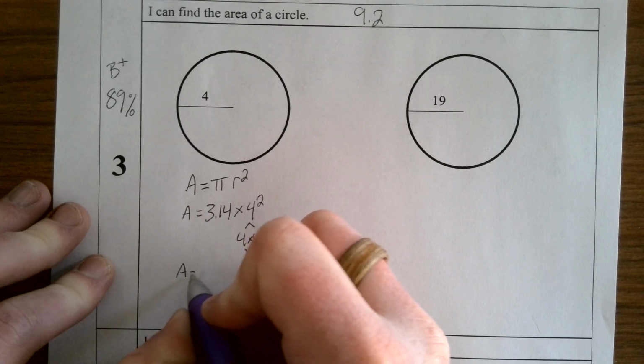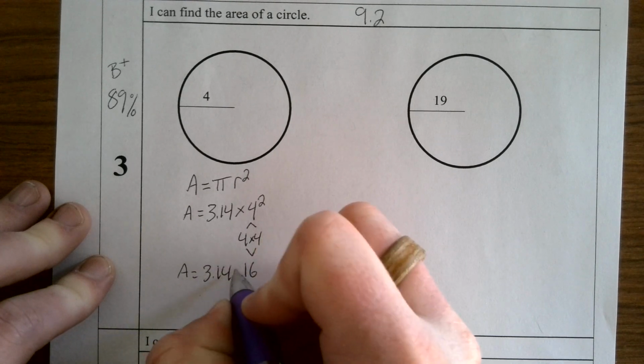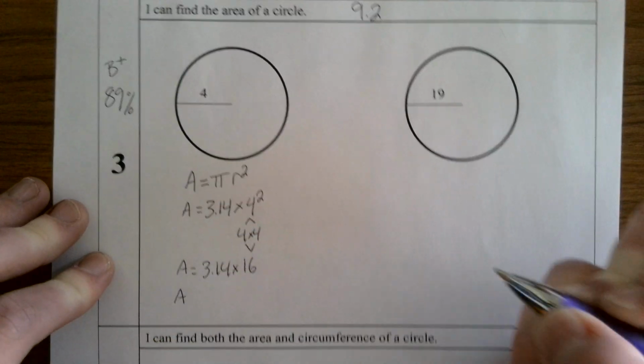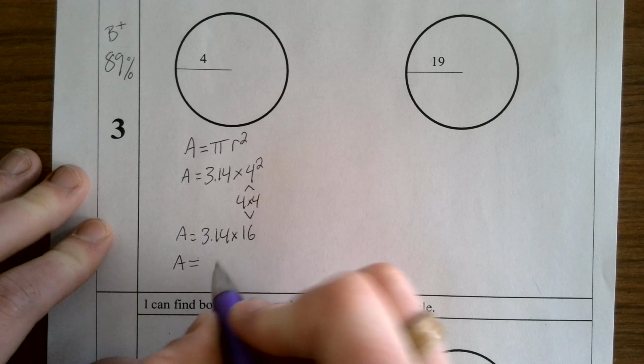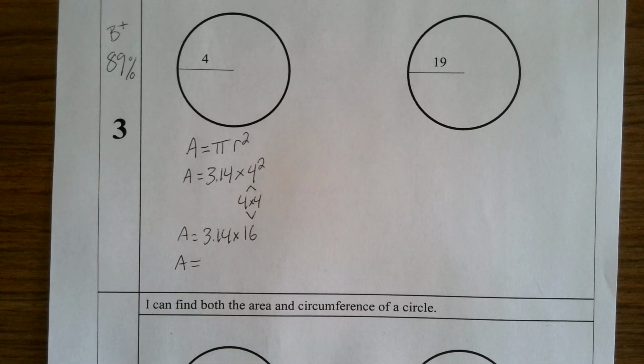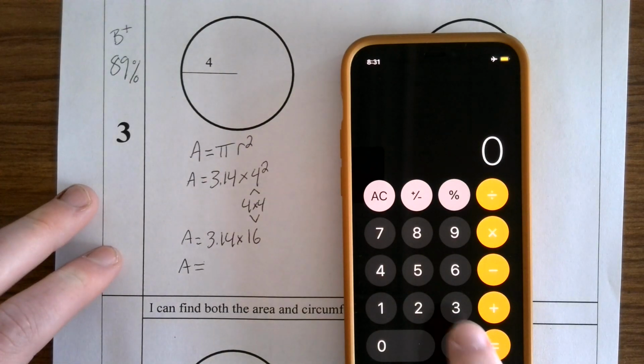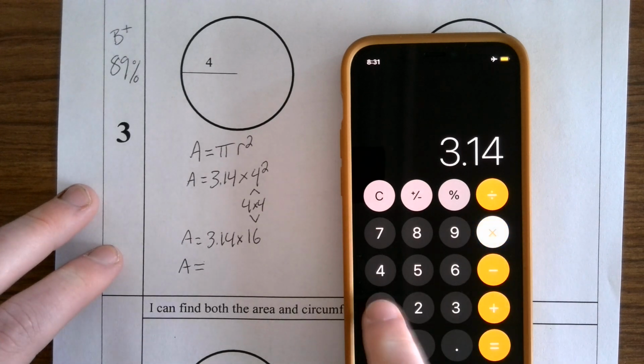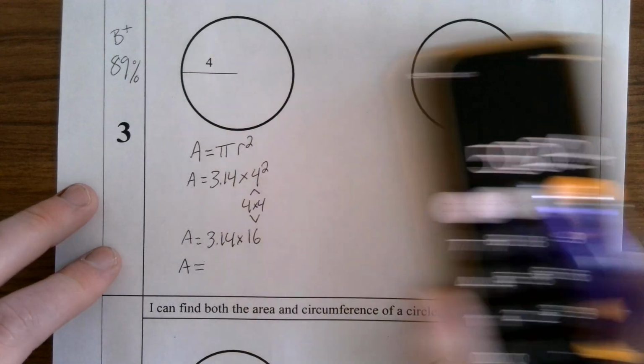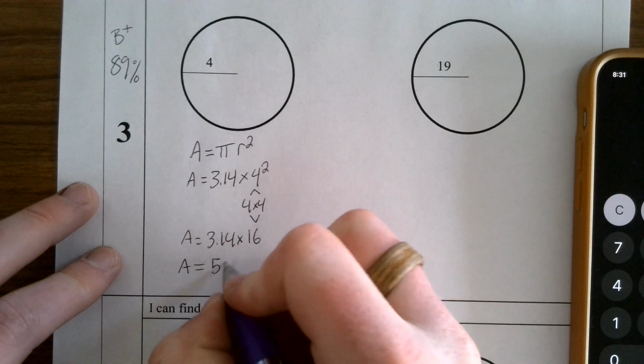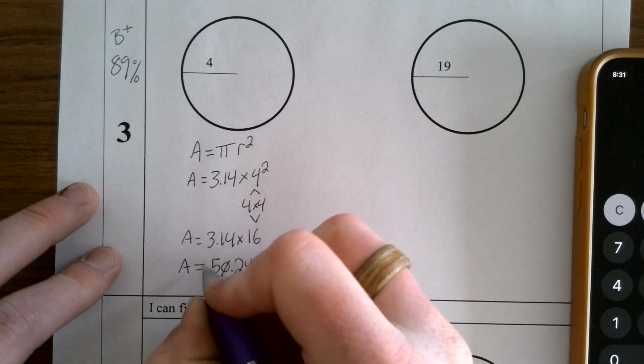So our area is going to equal 3.14 times 16. Handy dandy calculator. 3.14 times 16. We get 50.24 is our area.